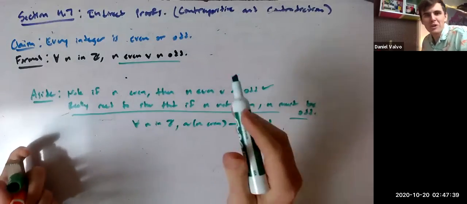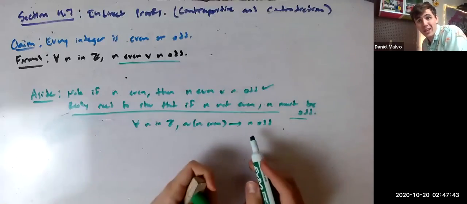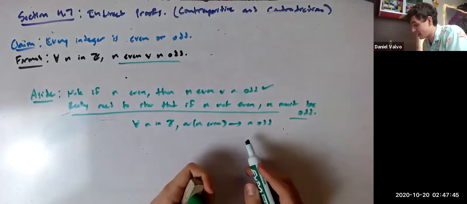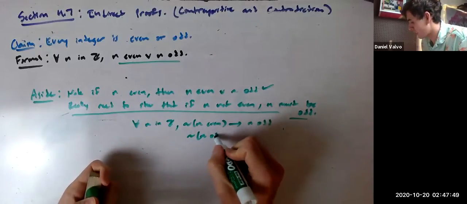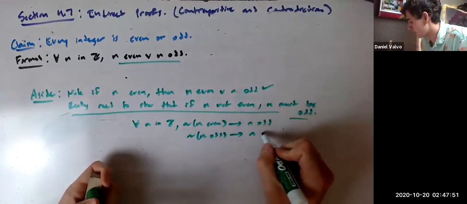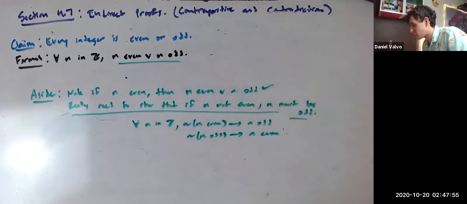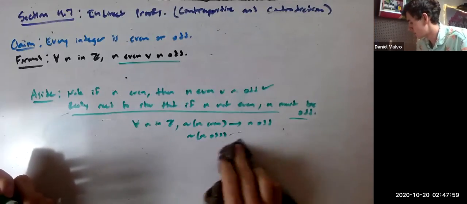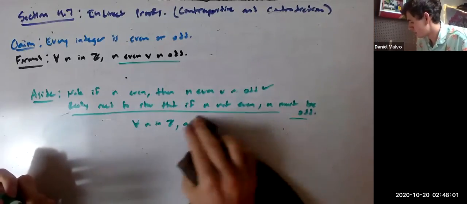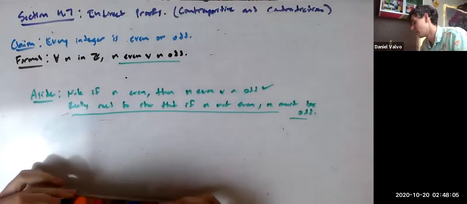You might notice, hey, we're in the contrapositive contradiction section. So, hey, we have an if-then, let's try contradiction. Maybe that'll make it easier. But if we do that, we'll actually just get n not odd implies n even, which is basically just as hard. So contradiction, or sorry, contrapositive is not going to give us much here.